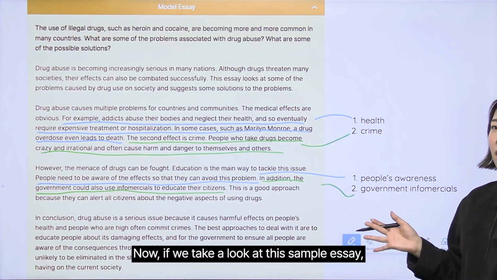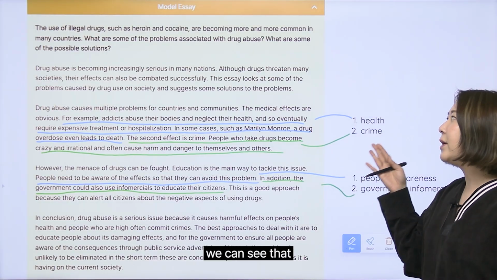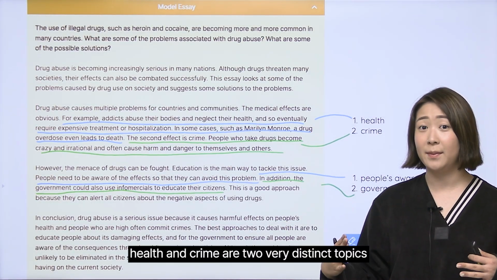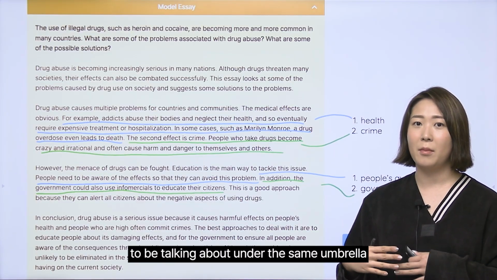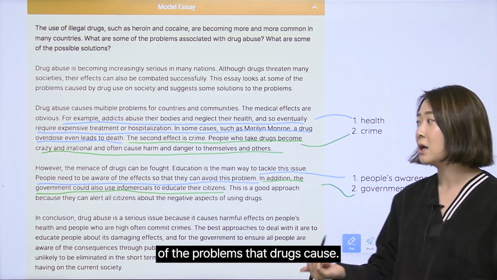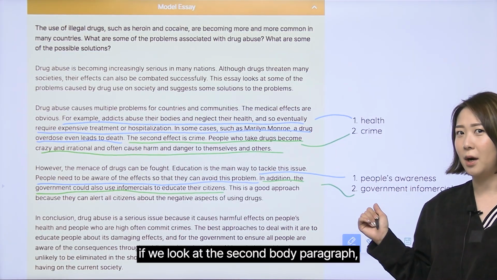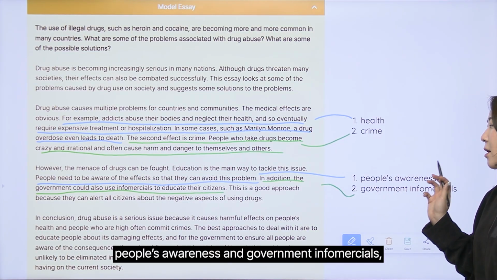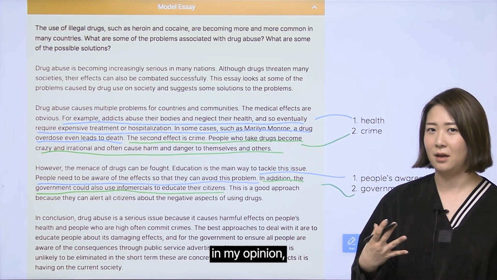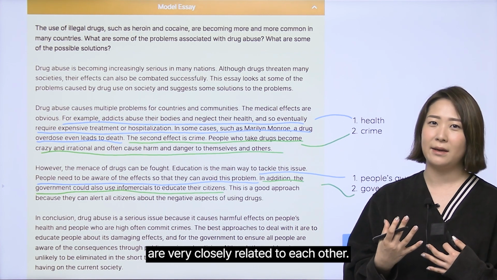Now, if we take a look at this sample essay, we can see that health and crime are 2 very distinct topics to be talking about under the same umbrella of the problems that drugs cause. However, if we look at the second body paragraph, people's awareness and government infomercials, in my opinion, are very closely related to each other.